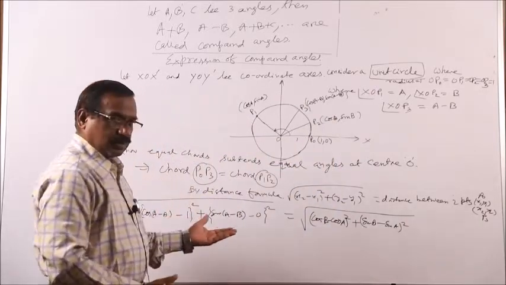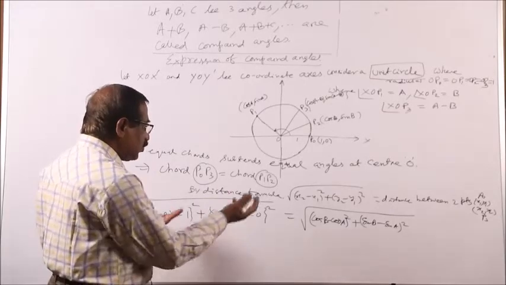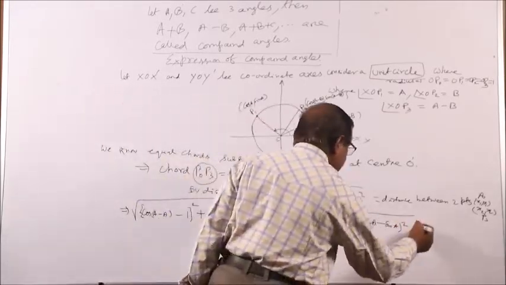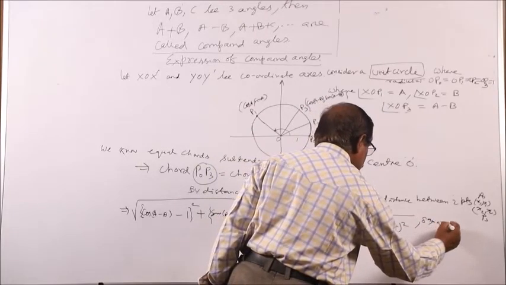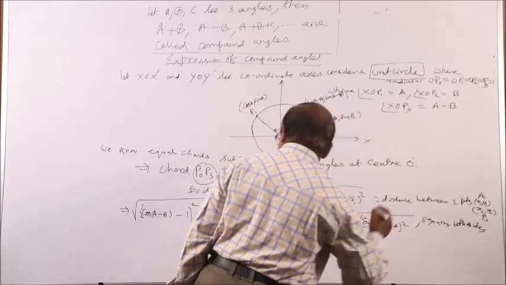You see, on both sides there is a root sign, so we can square both sides so that the root sign goes. Squaring both sides, what happens?